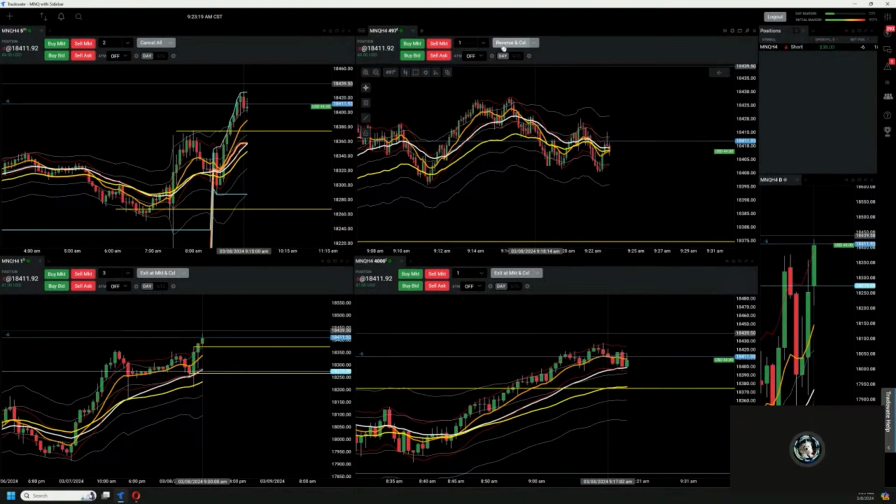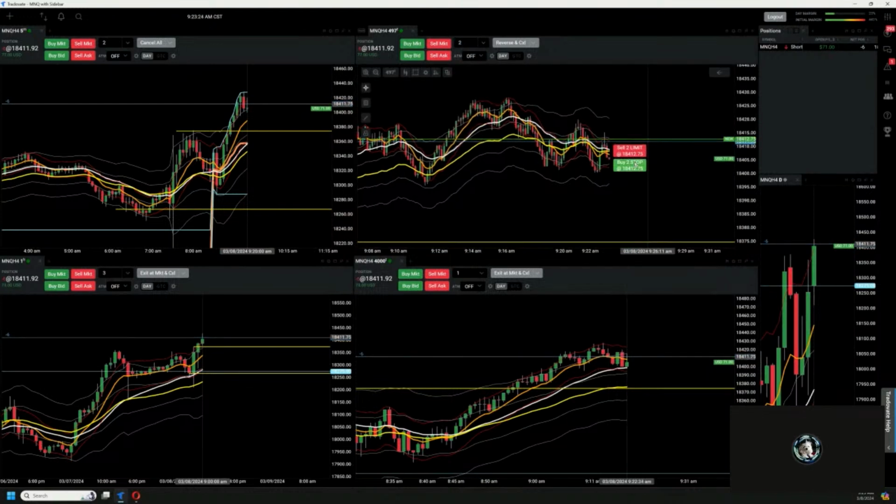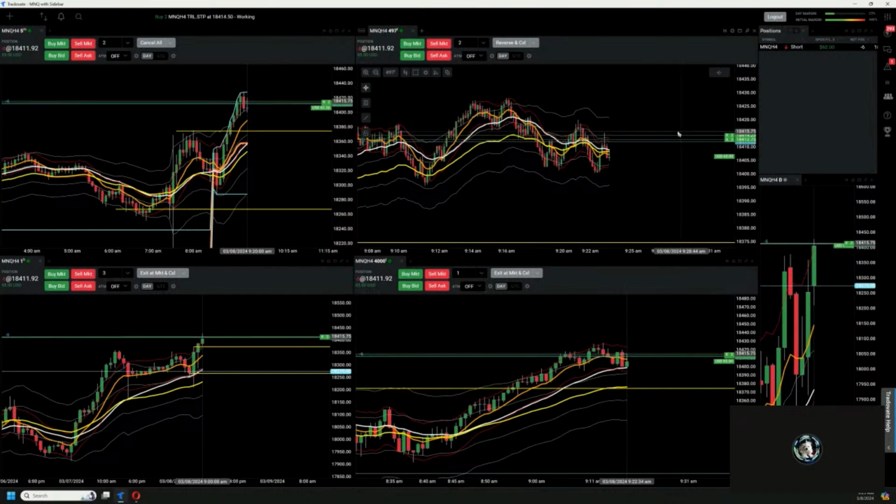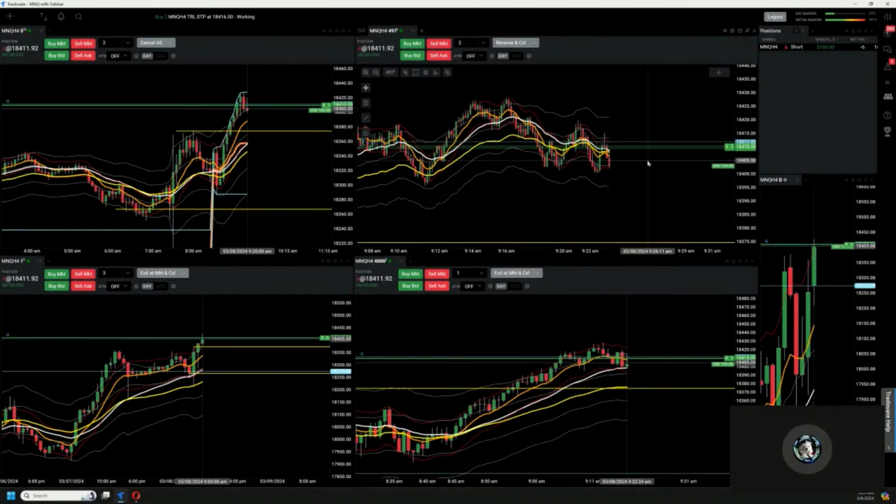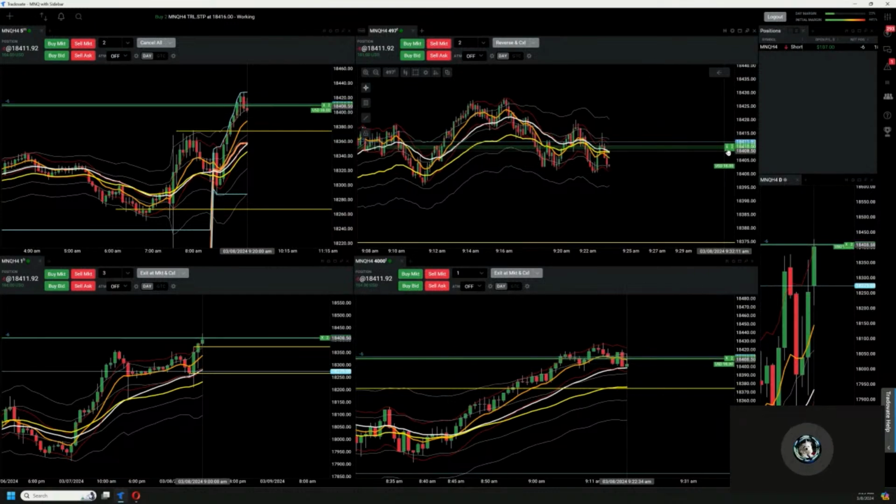I'm in 6 lots. I'm going to put in trailing stops. I'm not going to let the market go against me on this one. So my stops are relatively close.